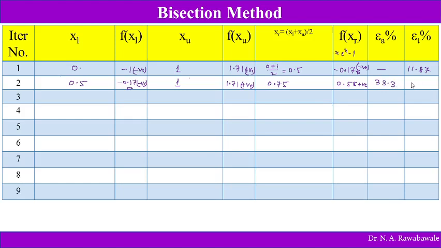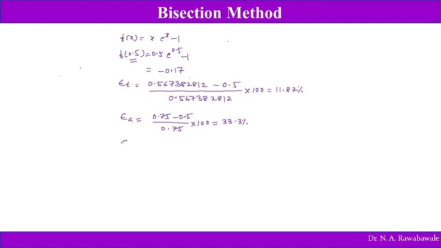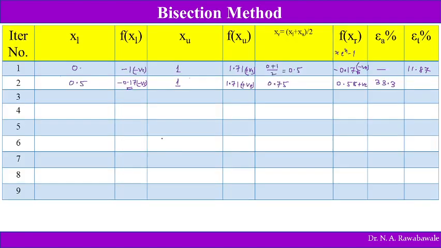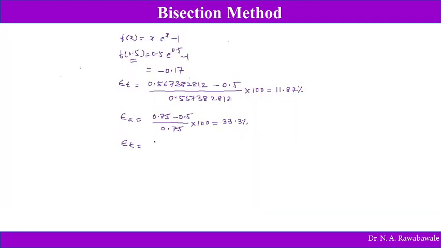And again, we have to find the true error. Our new approximation is 0.75, so we take 0.75 minus the true root of this function, 0.56738281. This true value is given in the problem itself, so we have not assumed it.